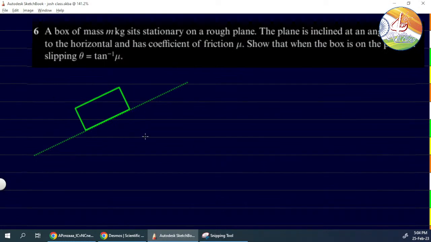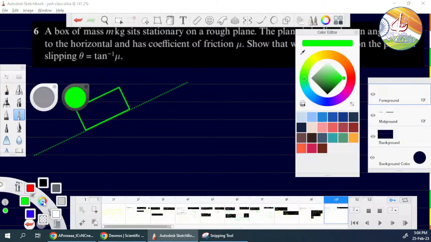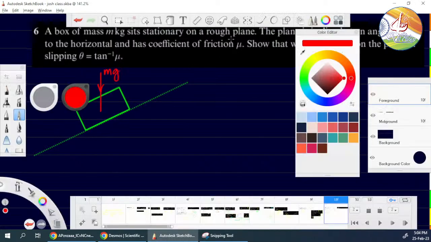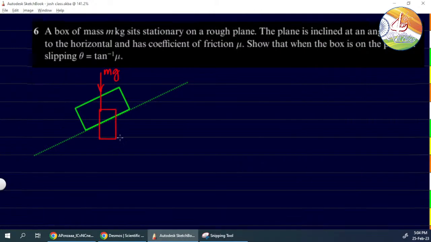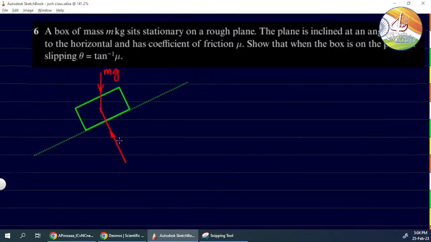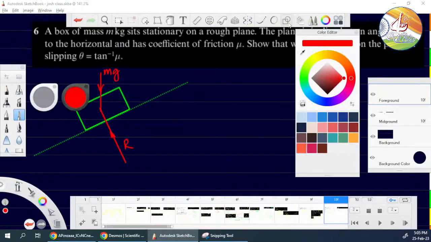Now it's inclined, and now let's take all the forces. So what are the forces acting? This force is downwards. Mass m kg is acting on this, so mg will be the downward force. Then the normal reaction will be here like this. Let's call it R, and it is on the point of slipping.